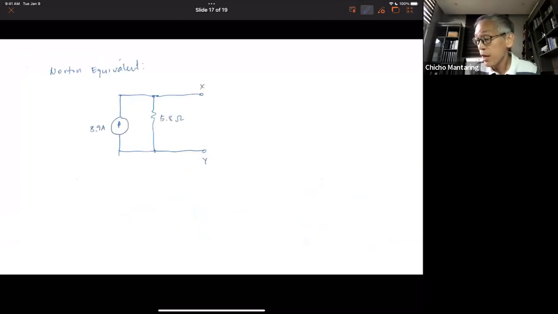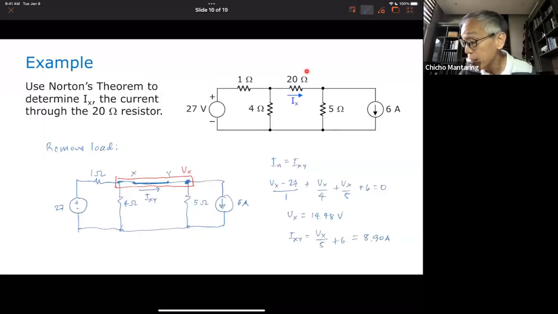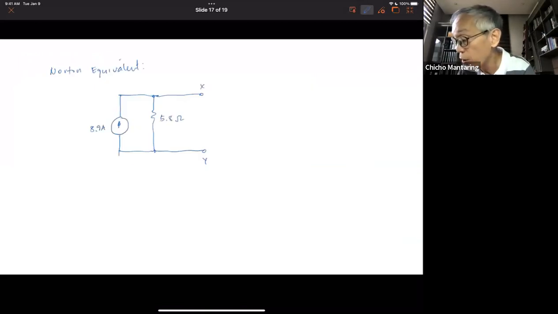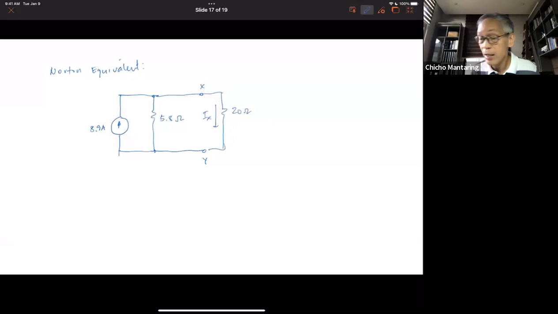Okay. So anyway, this is now my Norton equivalent. But remember, I'm interested in this. No? So what do I have to do? I reconnect now my 20 ohms. And this will now be I of X. Now what can I use to determine I of X?